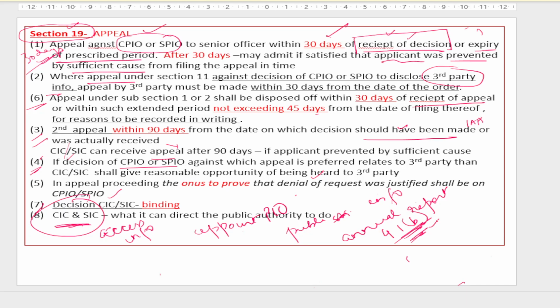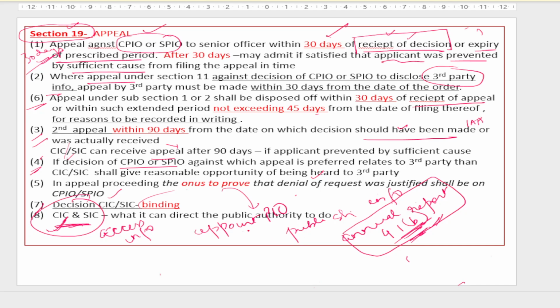All these need to be disclosed under section 4(1)(b). So the Information Commission can tell the public authority to give an annual report regarding whether it has complied with the provisions of section 4(1)(b) or not.